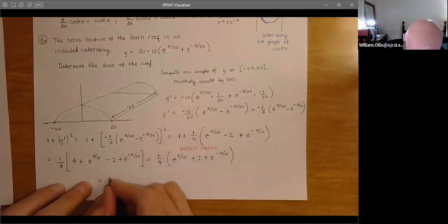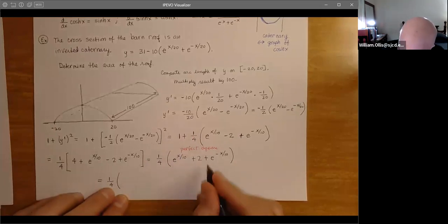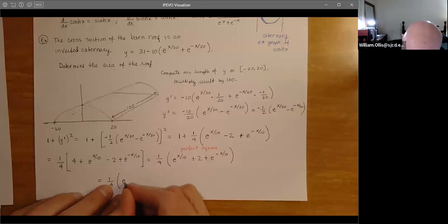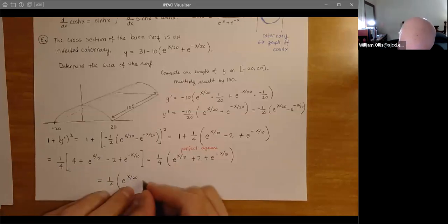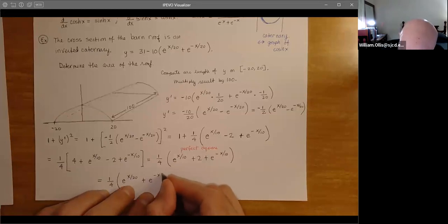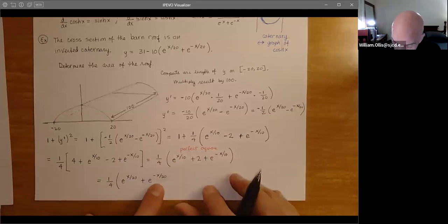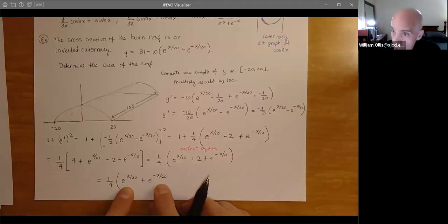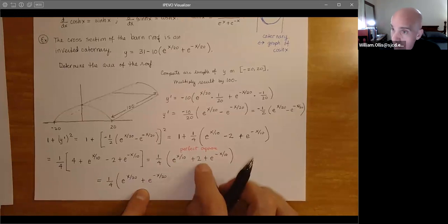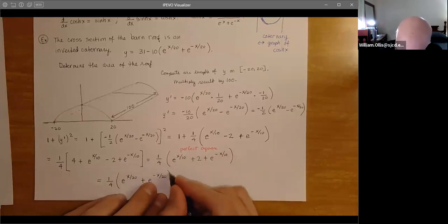So this is going to be 1/4 times e to the x over 20, because when we square that, the 2 is retired to give us this, and then plus e to the negative x over 20. When we square that, the 2 is retired, we get this. And then these are reciprocals, hit it with a 2, we get that. So it's like we go forwards to go backwards.